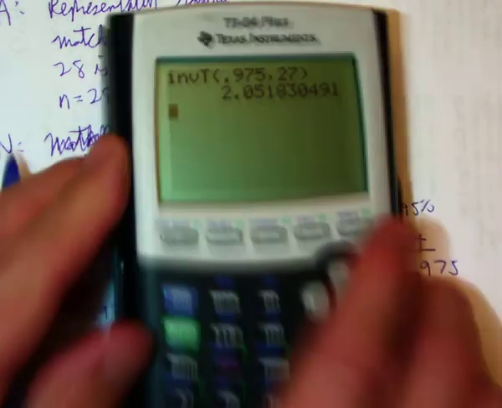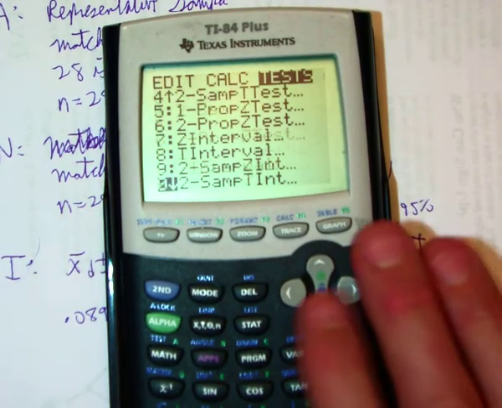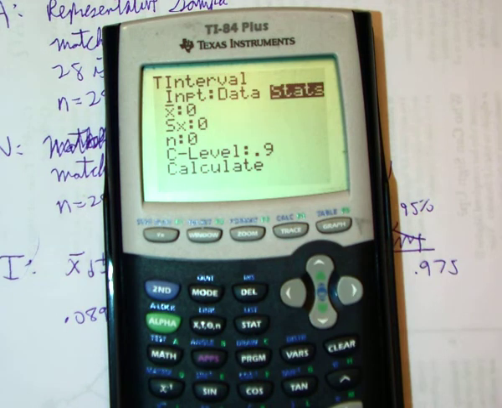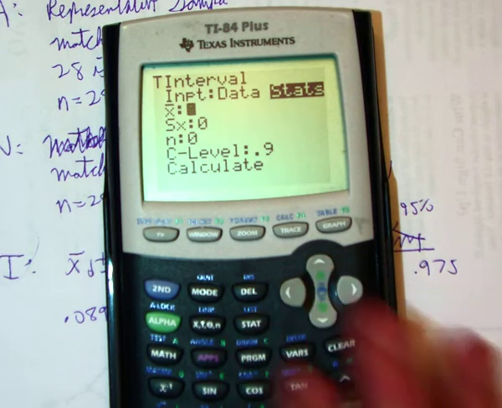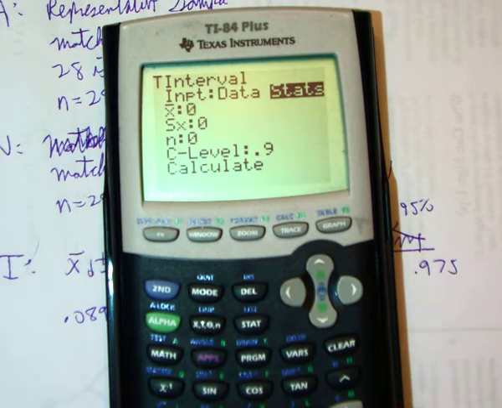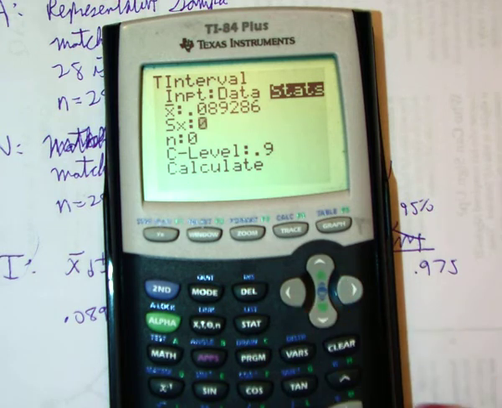And then I'm going to go to my calculator, go to stat test, and go to t interval. I'm going to push stat. I'm not doing data, I'm doing stats. Okay, so my x bar here is 0.089286 and my standard deviation is 37.7241.